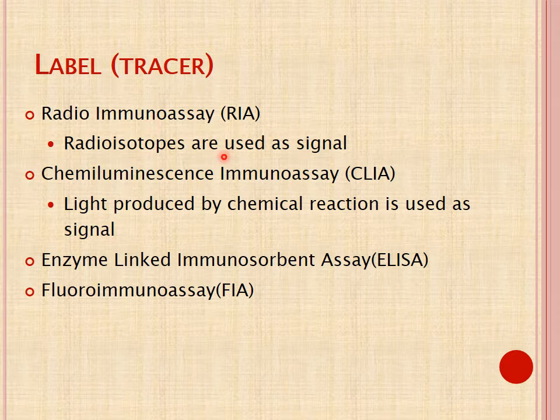First one is the radioimmunoassay, and here the radioisotopes are used as the signal. Then in chemiluminescent immunoassay, the chemiluminescent compound is used. Then in enzyme linked immunosorbent assay, the enzyme is used as a label, and in fluoroimmunoassay, the fluorescent compound is used as a label.